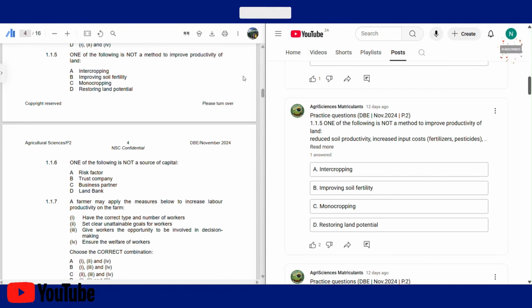Got it? Year 1 plant maize, year 2 maize, year 3 maize, year 4 maize, and that will definitely make the soil prone to erosion or mineral leaching. So monocropping is not recommended.